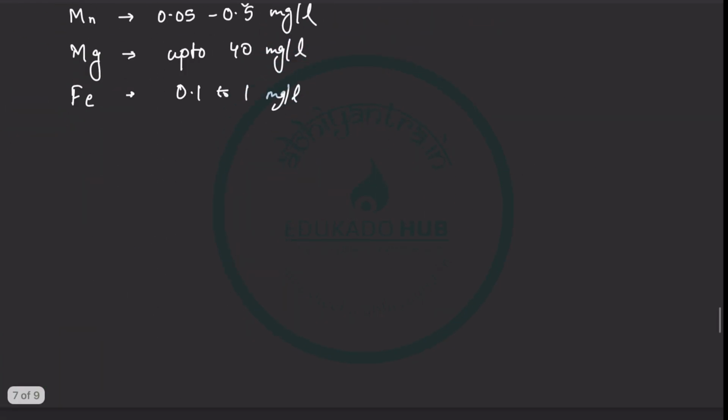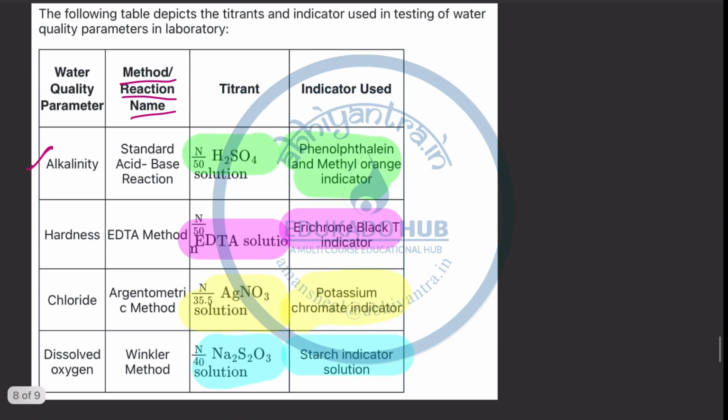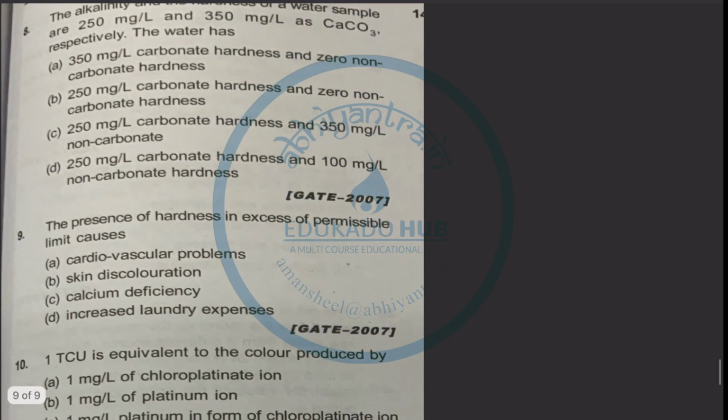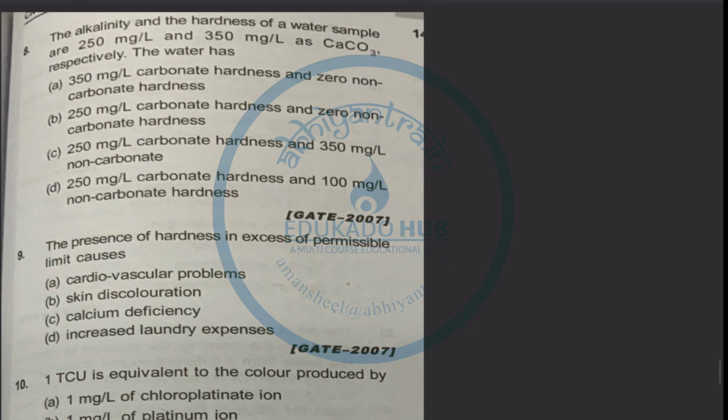Now let's move further. We have further questions. That is question number 8. The alkalinity and the hardness of a water sample are 250 milligram and 350 milligram.